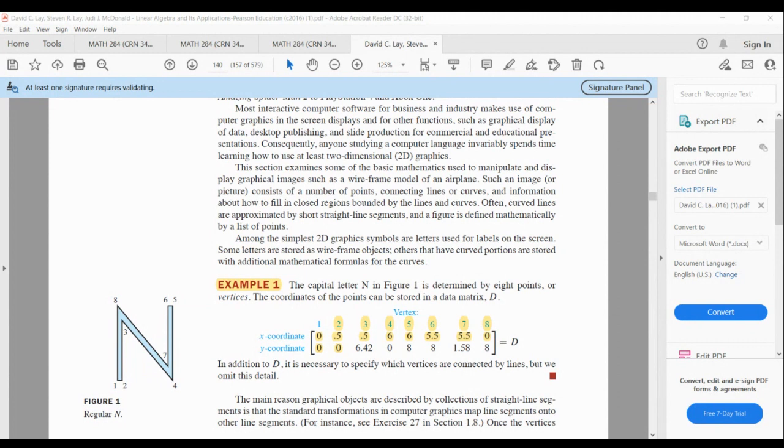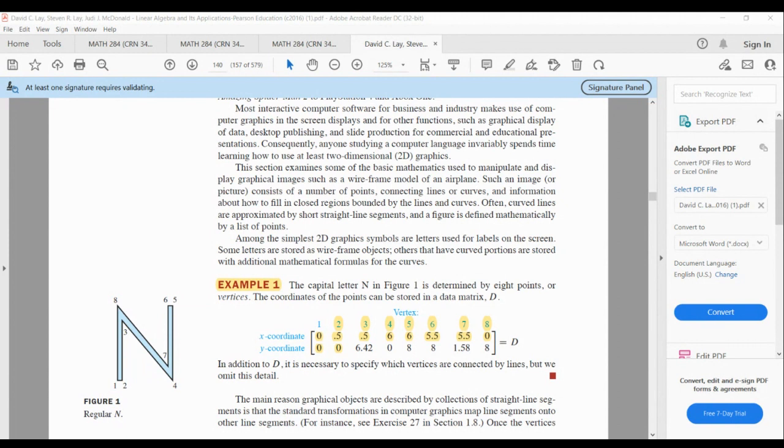Now we may want to do some animation on this letter N. For instance, we might want it to become slanted. So how could we do that? Well, we can multiply, like shearing. That's right, Mikhail, shearing the sheet.